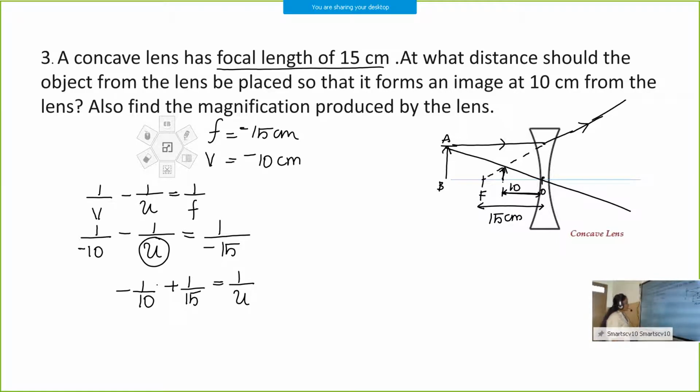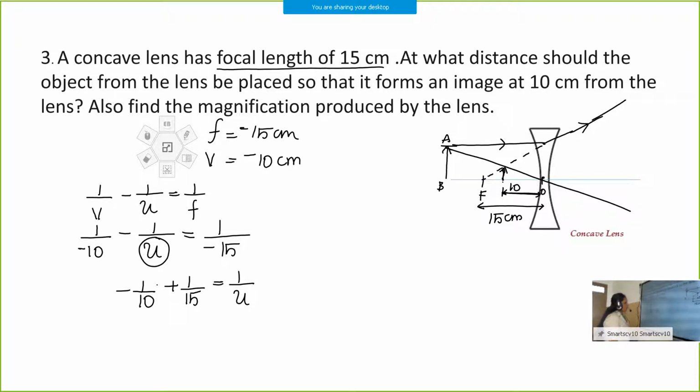Minus 1 by 10, we are taking minus 1 by 15 to the left hand side, so it becomes plus 1 by 15. Now we are taking minus 1 by U to the right hand side, so it becomes plus 1 by U.